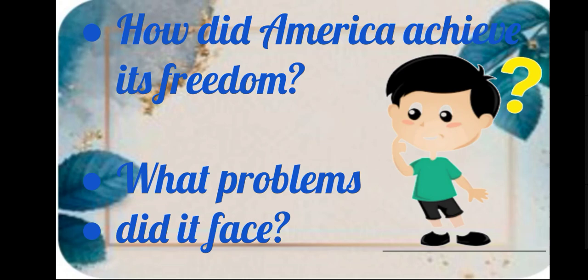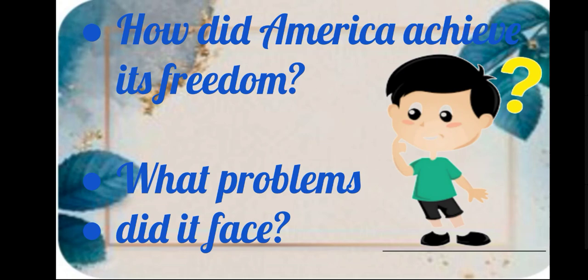The American colonies revolted against the ill treatment by the British in the form of taxes and due to other unfair laws. So they revolted and got their own democratic country. That was American Revolution.